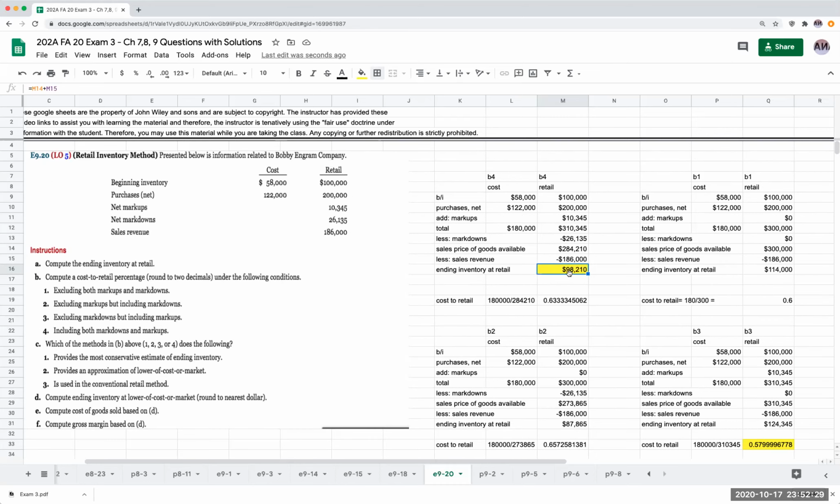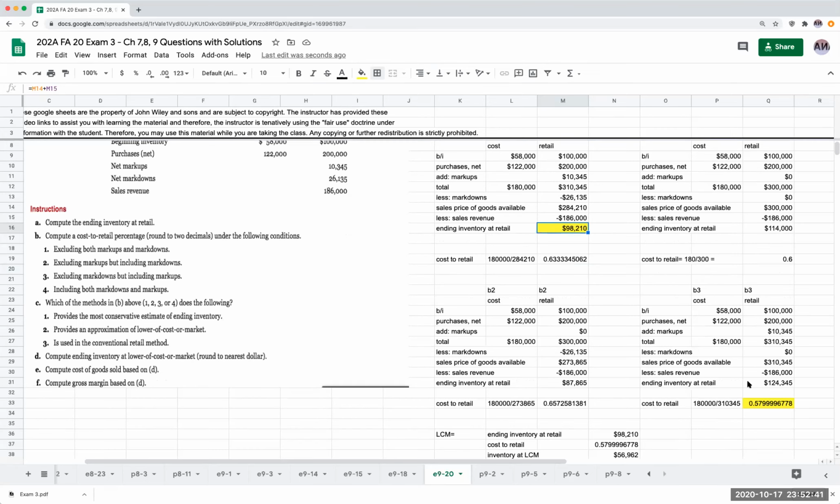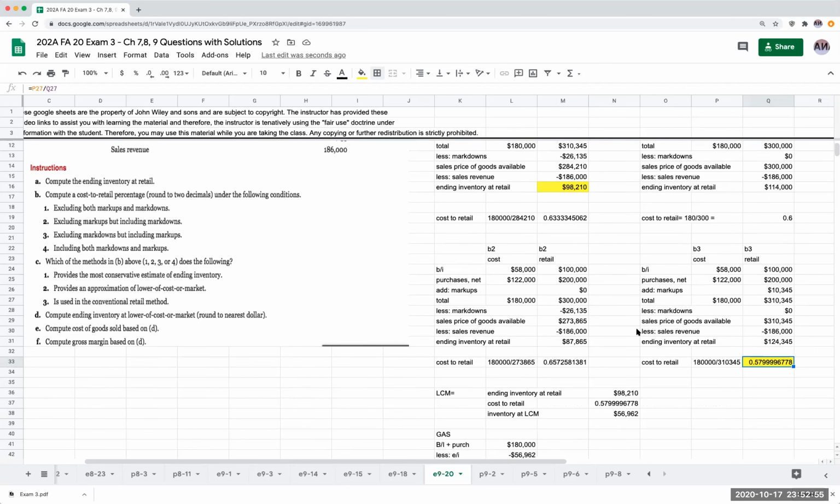However, when it comes to the cost to retail percentage, what we do is include the markups but exclude the markdowns, and then use this percentage against this over here. That's how we go through preparing this under the conventional retail method.